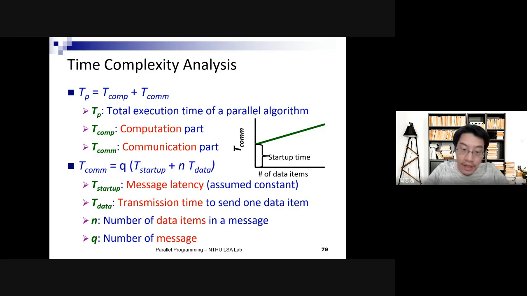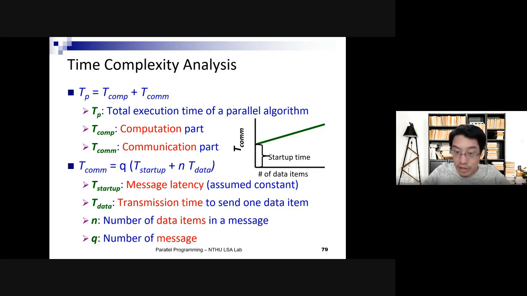Okay, and outside is q, right? q is the number of messages. So basically that means we are counting the total amount of communication time in your program by counting the number of messages you have to send out.